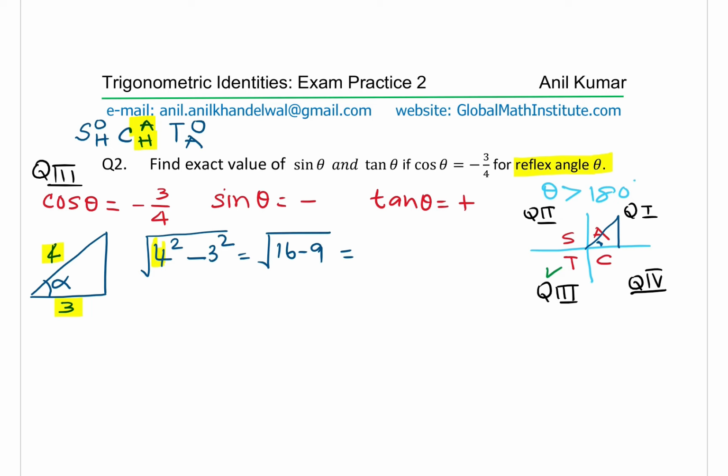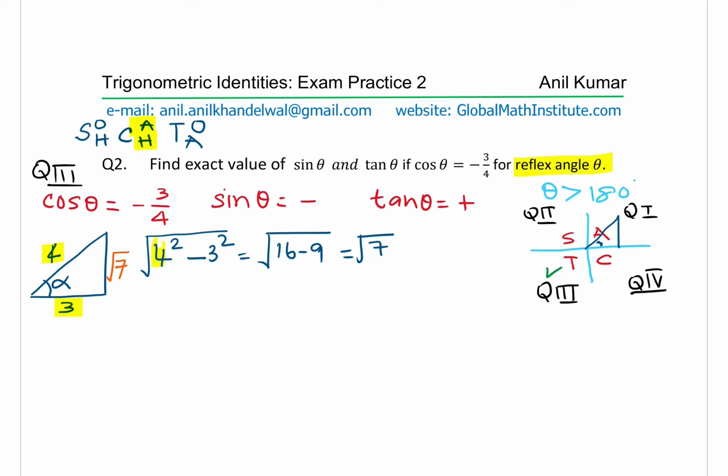So that is 7. The tricky part in the question is that if you by mistake write 4 in the opposite side, you get all the wrong answers, right? It's not the 3, 4, 5 right triangle. The other side is square root 7. So we found that the opposite side here basically is square root of 7.